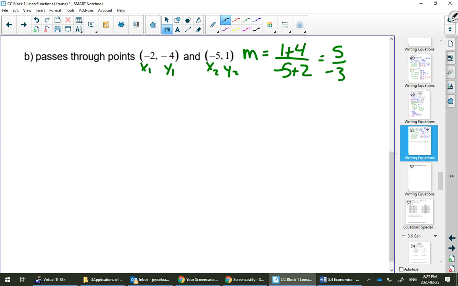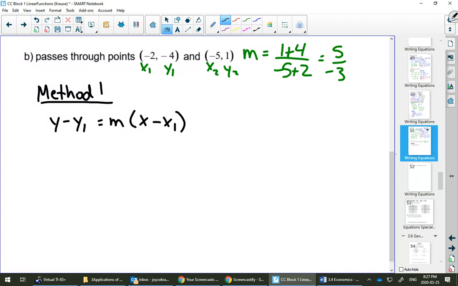So method 1, we're going to go y minus y1 equals m times x minus x1. Now, it doesn't matter what your x1 and your y1 is. I'm going to stick with the ones I've labeled, but you can certainly switch it up. So y minus a negative 4, y plus 4. m is 5 over negative 3, or negative 5/3.